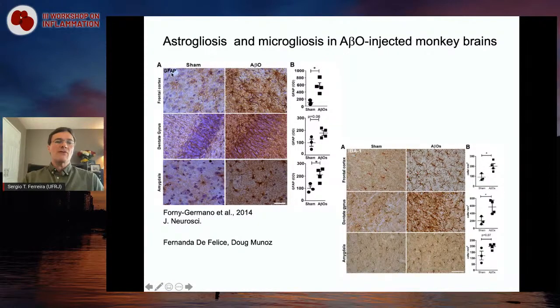So labeling for GFAP here is markedly increased in different regions of the brain, the frontal cortex, the dentate gyrus, the amygdala, and the same holds for IBA1. So again, astrogliosis and microgliosis induced by A-beta oligomers also in a non-human primate brain, in addition to the rodent brain.